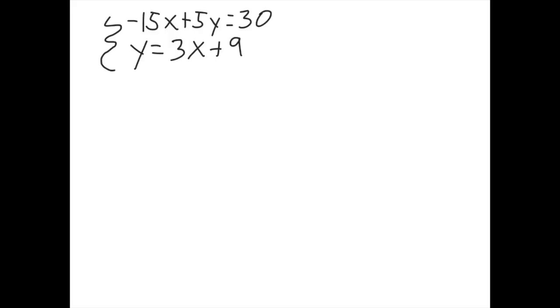Alright, so now again we have two equations, and just to make this quick, I've already solved one for you. Y is already solved.